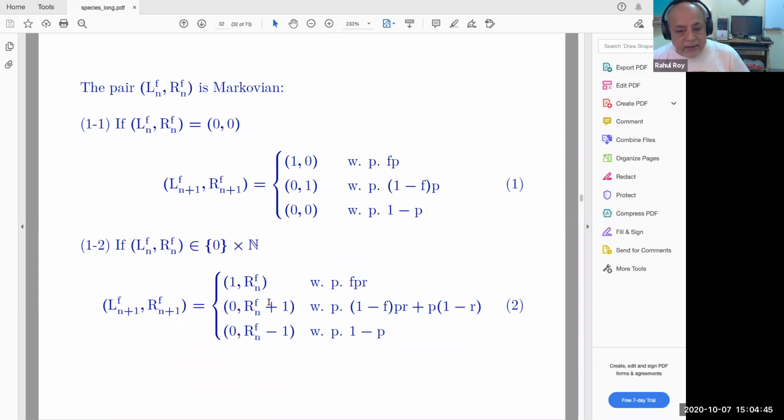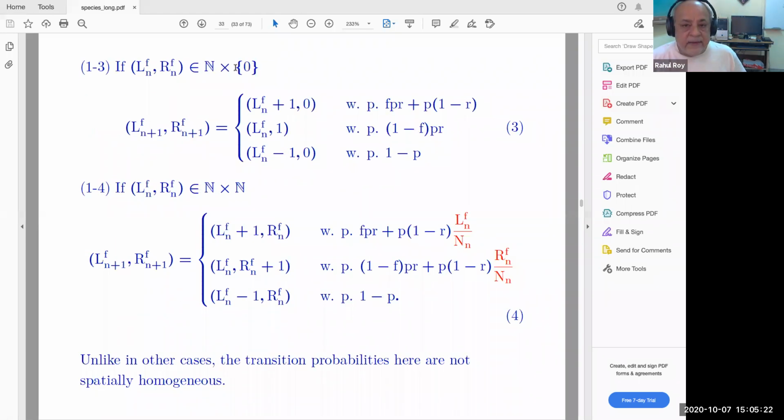Or a birth can happen to the right, and that can be either a mutant or a non-mutant. So this is the probability that it's a mutant, and this is the probability that it's a non-mutant. This is how the right side changes. And it can be (0, R_n(F)-1): there's a death, and because there's nothing on the left, the death will take place from the right of F, and therefore the population to the right of F decreases by 1.